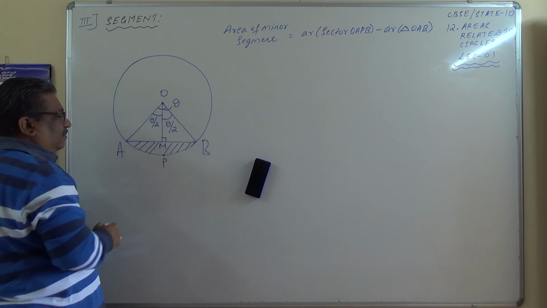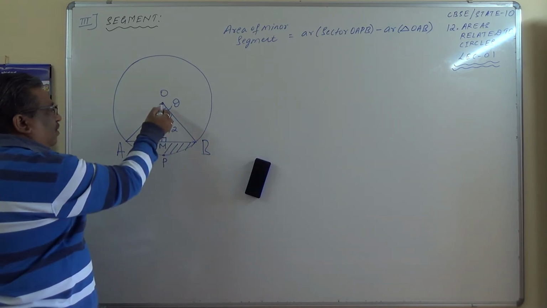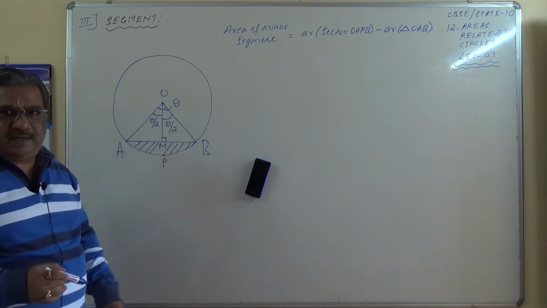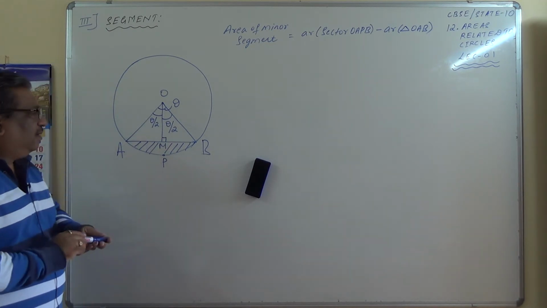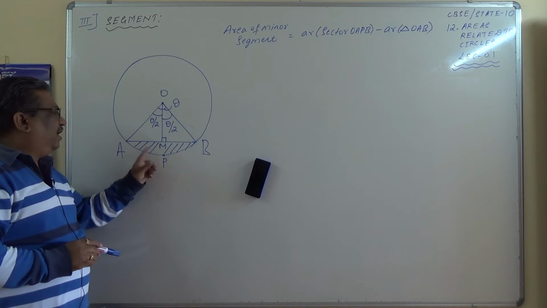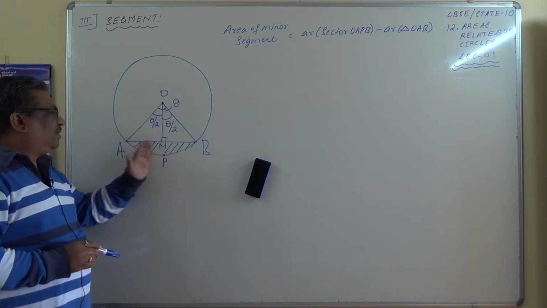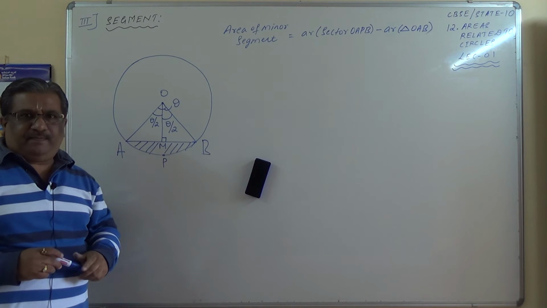OM, a perpendicular from the center, bisects the chord. So AB is equal to AM plus MB, or 2 times AM, or 2 times MB.